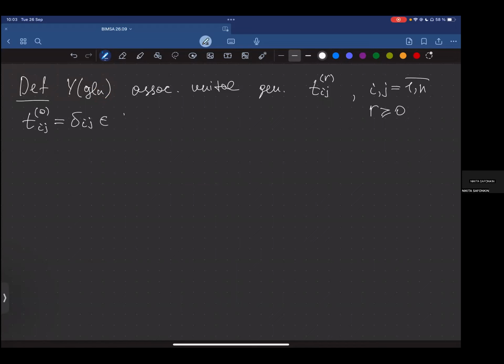So it is just a constant. This algebra is generated by these elements with the following relations. Let me write them down explicitly.